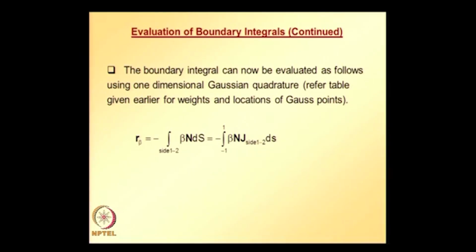the integral on side 1 2 is replaced with the integral from -1 to 1, because d capital S is replaced with J times d small s, and now substituting the shape function vector along side 1 2 we can evaluate this integral once beta is known, in this manner using one dimensional Gaussian quadrature.